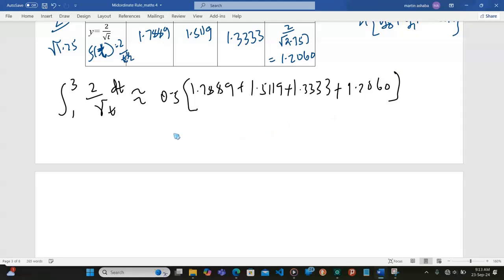So what is the answer here? I'm getting an answer approximately equal to 2.920 to 3 decimal places.